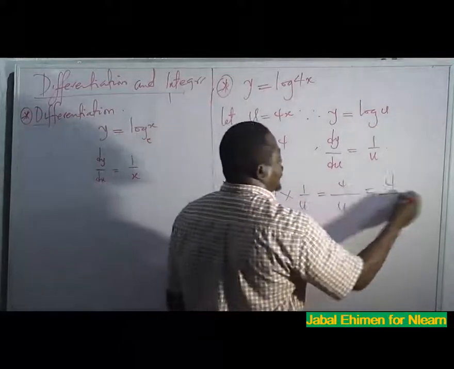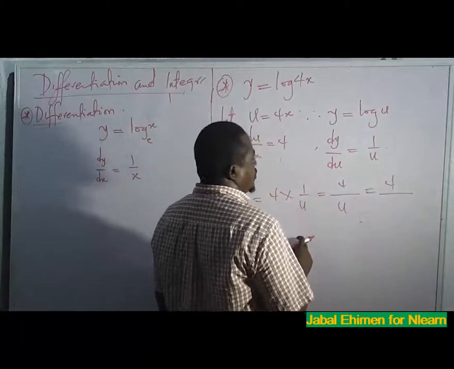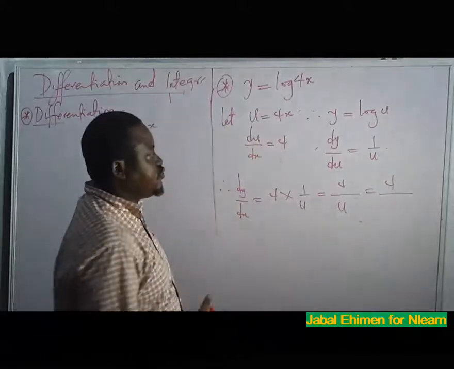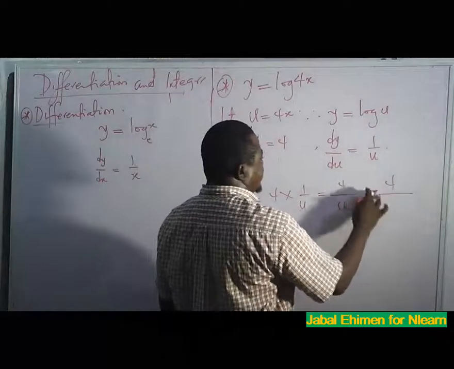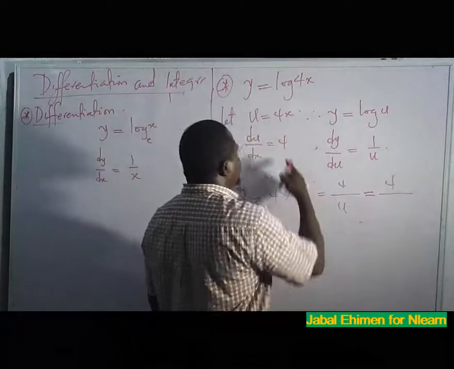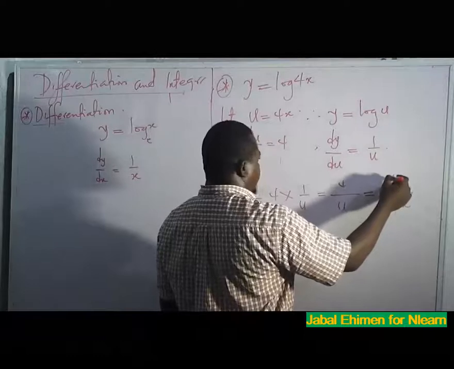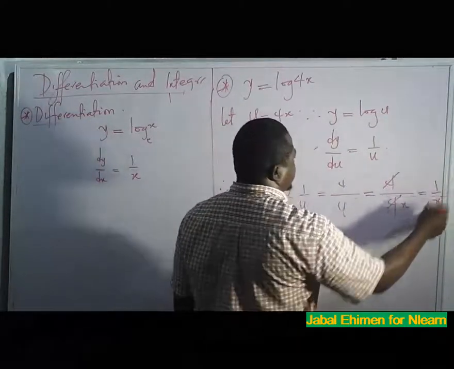And what was u representing? u is equals to 4x. So automatically it gives me 4 over 4x, and that becomes 1 over x.